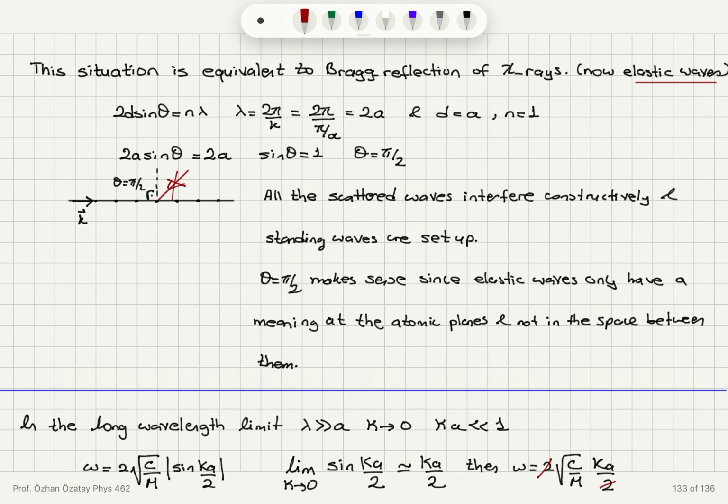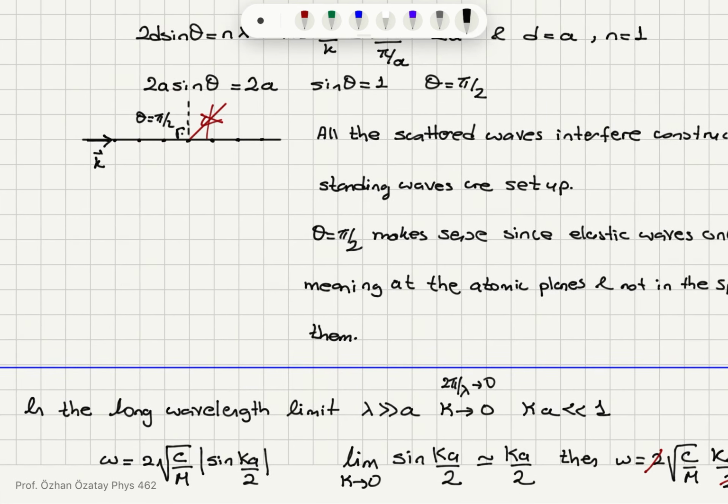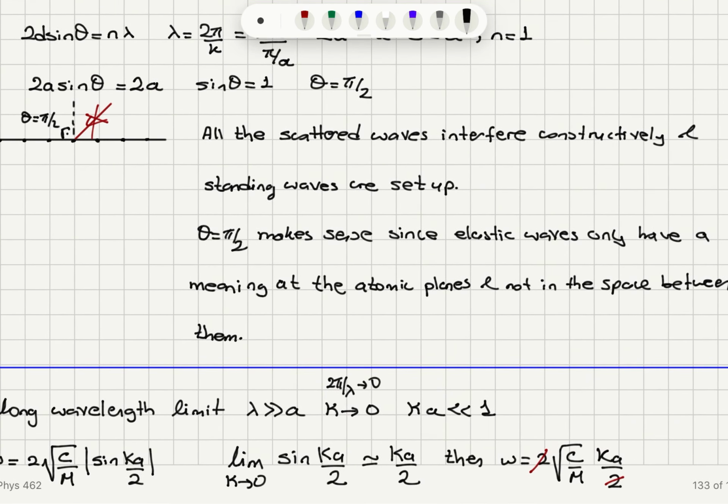Now, in the long wavelength limit, when lambda is much greater than a, what will happen to k? Well, k is equal to 2 pi over lambda, and 2 pi over lambda goes to 0. So k times a will be much less than 1. Let's look at this limit. Our dispersion relation omega versus k gives us 2 square root c over m times the absolute value of sine ka over 2.